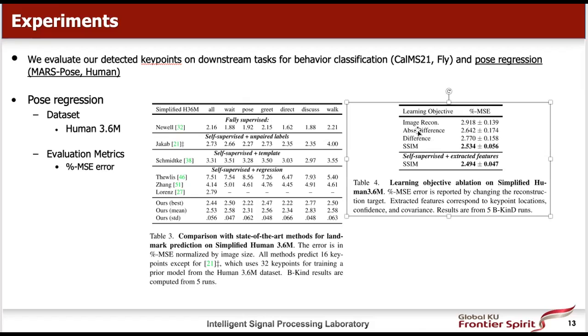And the second term is the absolute difference, which is about the reconstruction loss. We calculate it using the absolute difference, and the difference is just the raw difference between the two input frames.